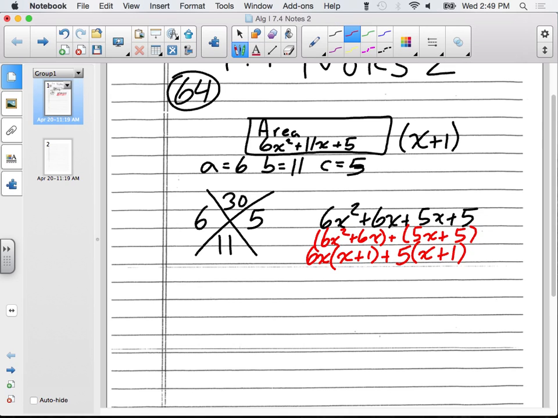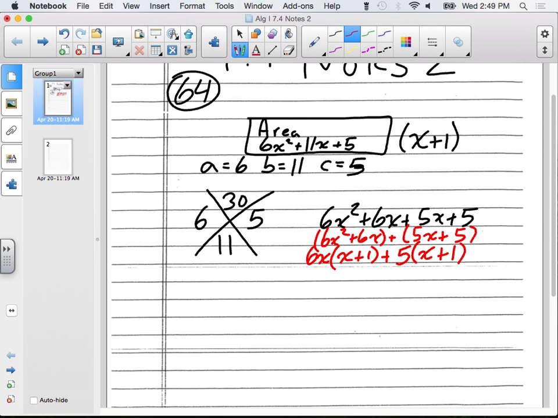So X, what are we left with? 6x plus 5. And the other one, what can we factor out of here? 1, so it's 1. What are we left with? 6x plus 5. So the only thing that's different is the common factor that they're going to have.